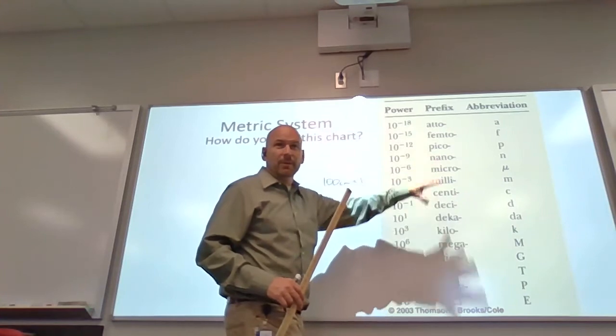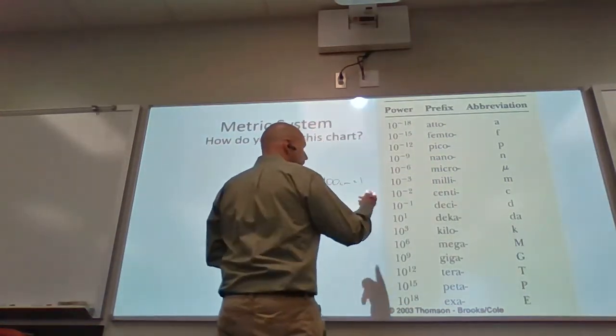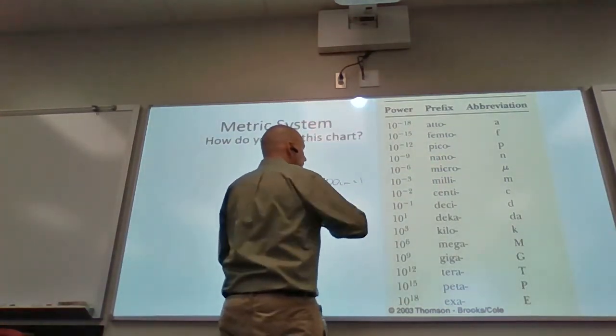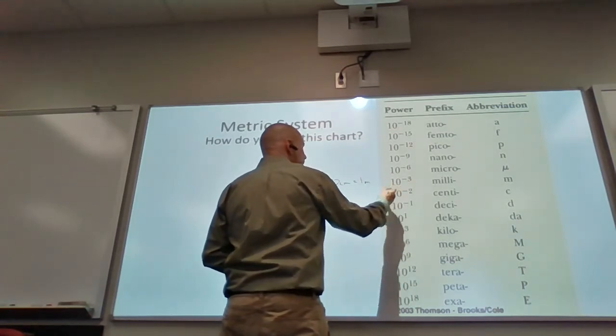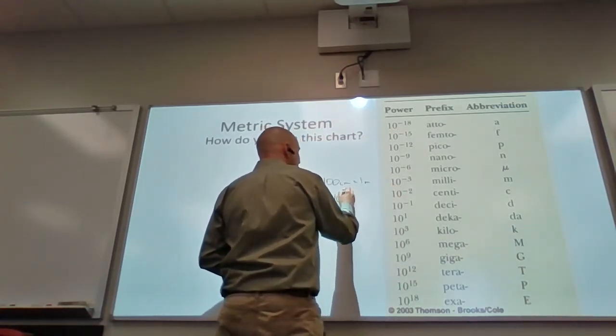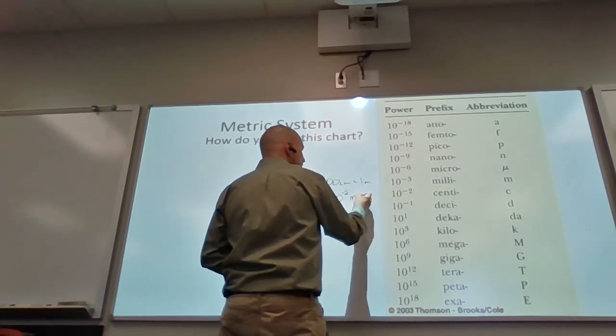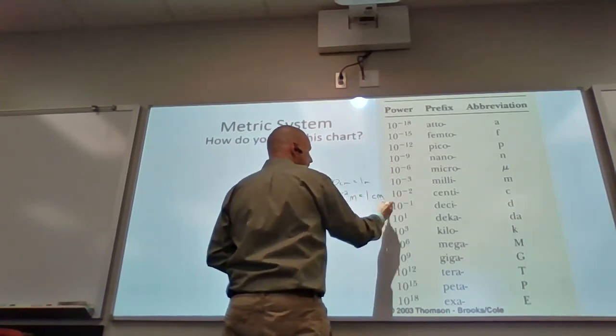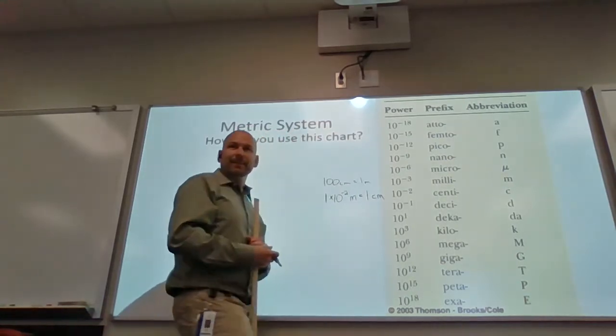These prefixes can be used with anything. Okay. Right now we're working with meters, so it's equal to 1 meter. This chart says this: 1 times 10 to the negative second meter is equal to 1 centimeter. That's what this is saying.